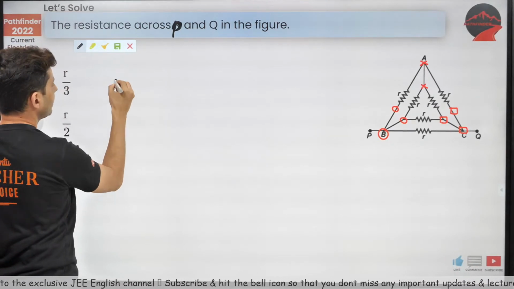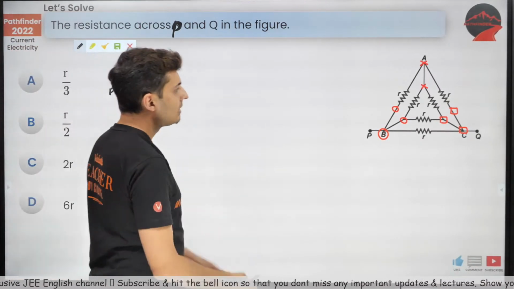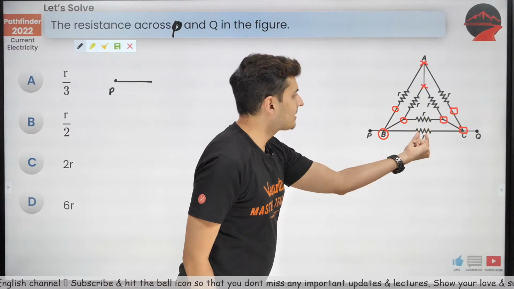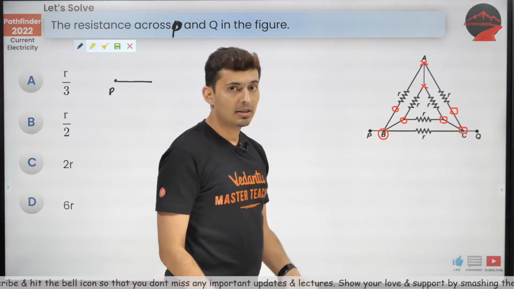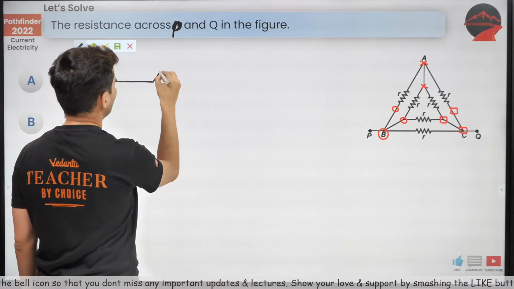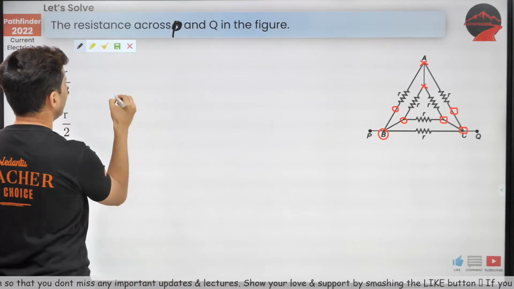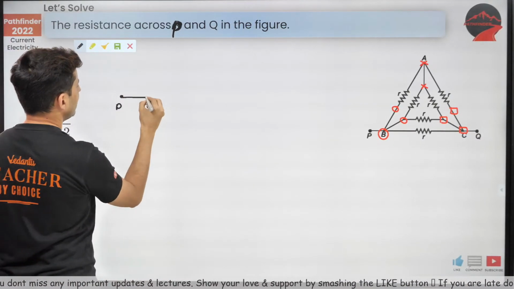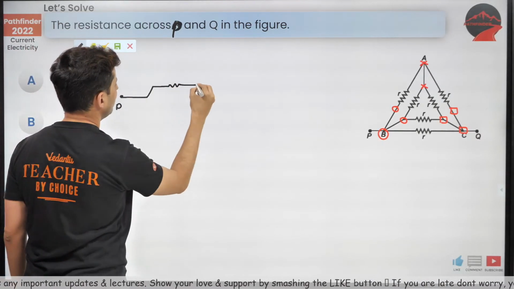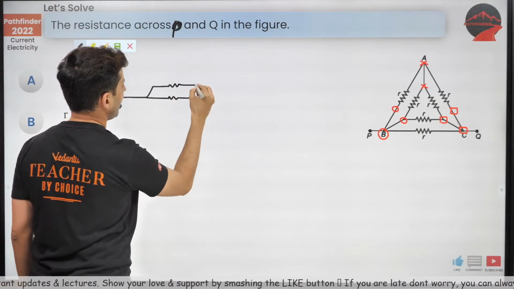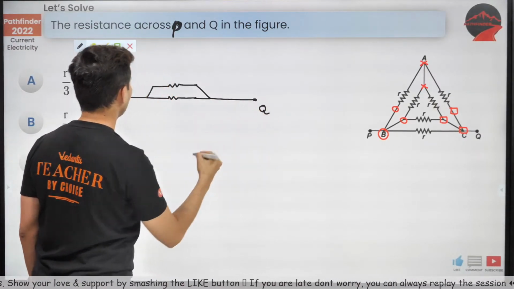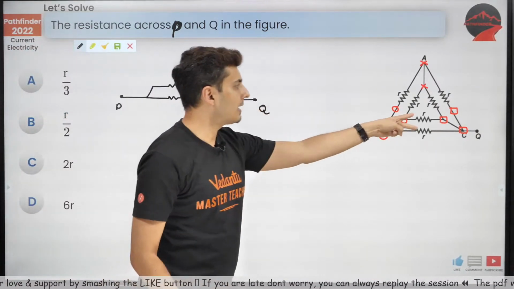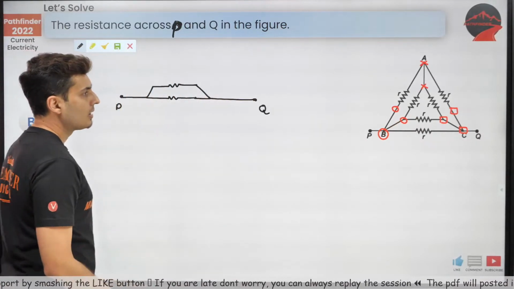So from P, I will see that this resistor and this resistor are actually in parallel because same voltage difference. So how about showing it like this? So this is P, I will show it probably like this, and now this is nothing but point Q. These two resistors are exactly these two resistors.